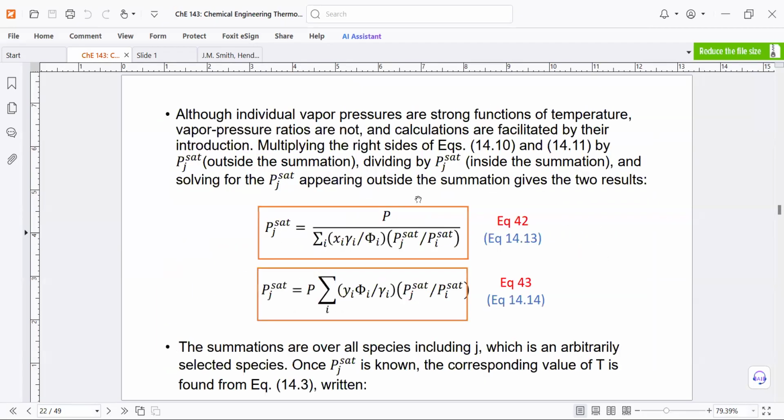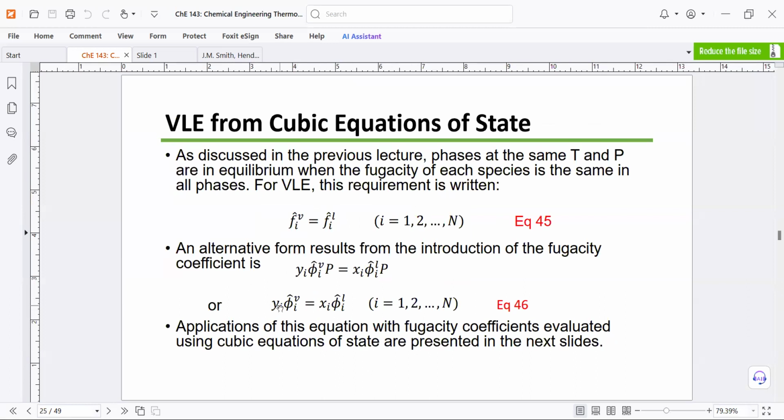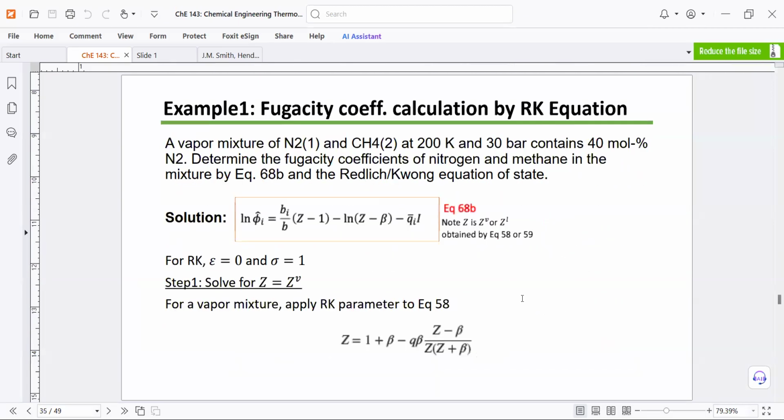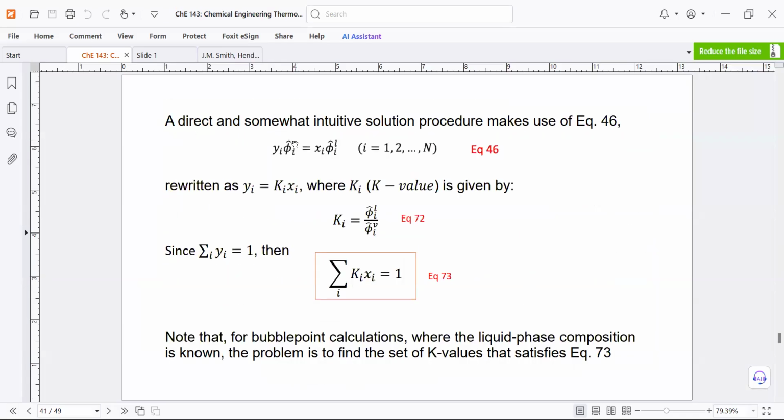We began with the fugacity coefficient right here, and then we began with the fugacity equilibrium criterion, and then in terms of fugacity coefficient, that's equation 46. And what do you notice? We have x sub i and y sub i on each side of the equation. Let me repeat. Do you remember the K value, which is the ratio of y sub i over x sub i?